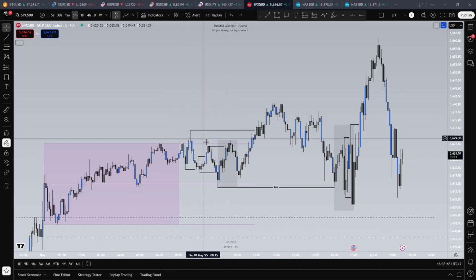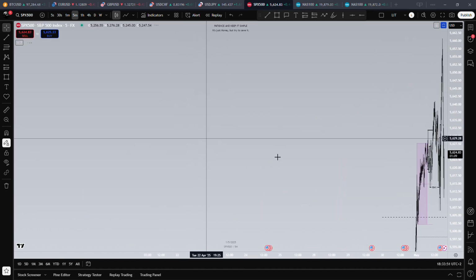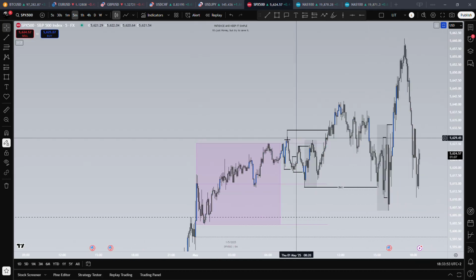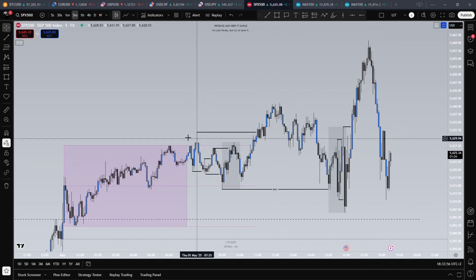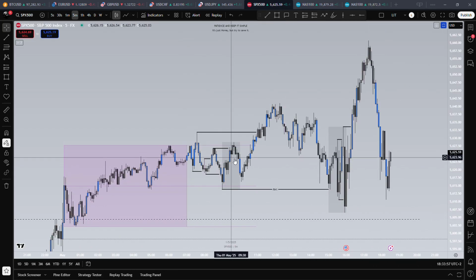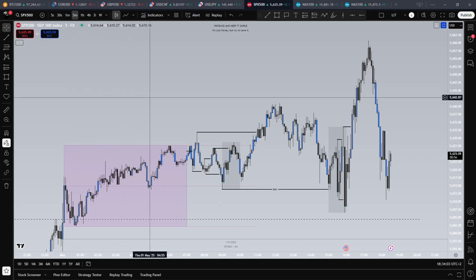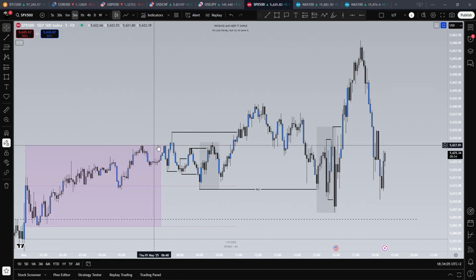I wanted to look for a buy because there was nothing to the left here. Maybe I should look only on M5, and if there's nothing, there's nothing, but I don't know.